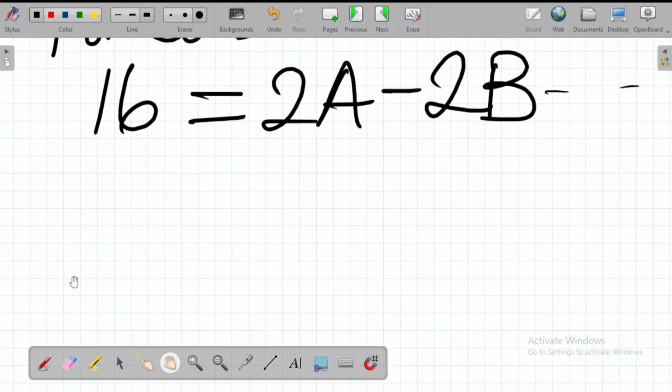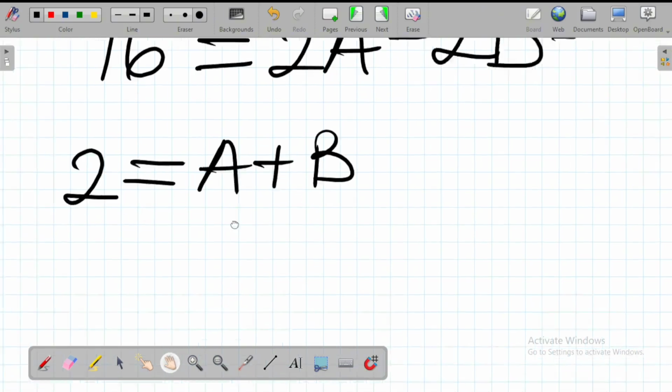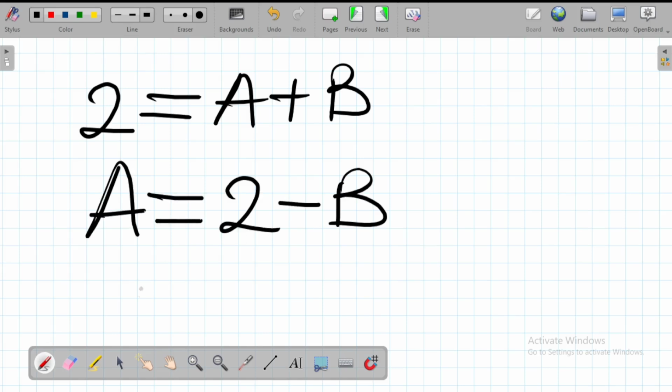All right, let's use substitution method to solve this. So from equation 2, 2 is equal to a plus b. This is equation 2. Now let's make a the subject formula. A is equal to 2 minus b.